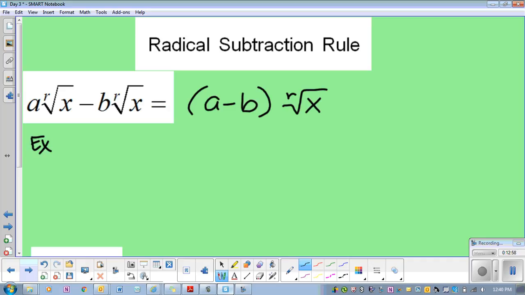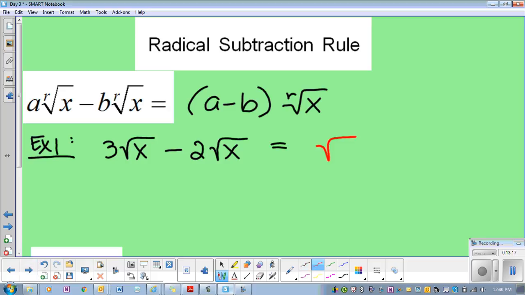So let's talk about our first example. Easier ones. What is 3 root x minus 2 root x? 1 root x or just root x?